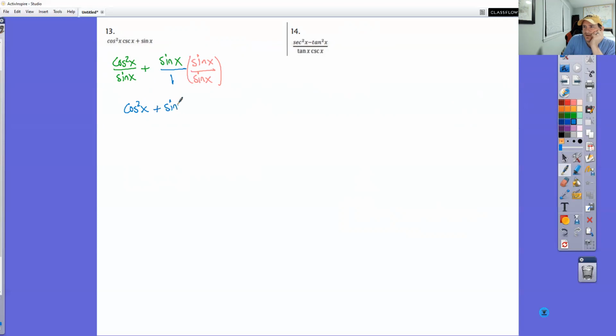There's your Pythagorean identity. And it's all over sine x in the denominator. So this should feel familiar to you. We've done this before. This is now just 1 over sine, which becomes cosecant. There's a simplified form, not too hard.